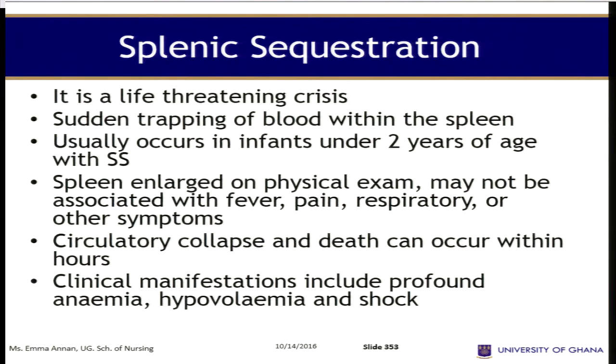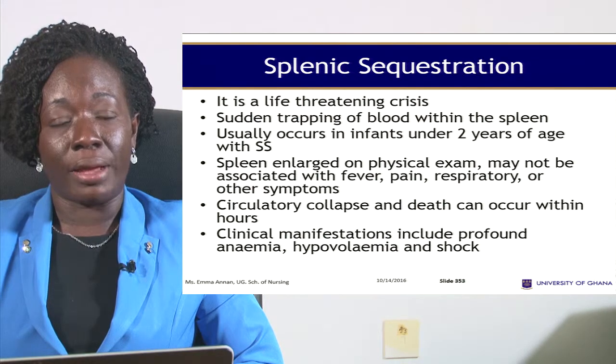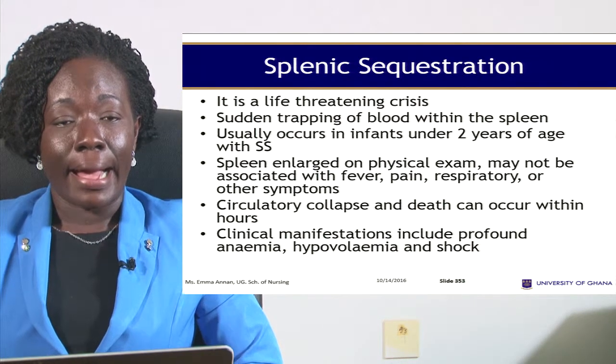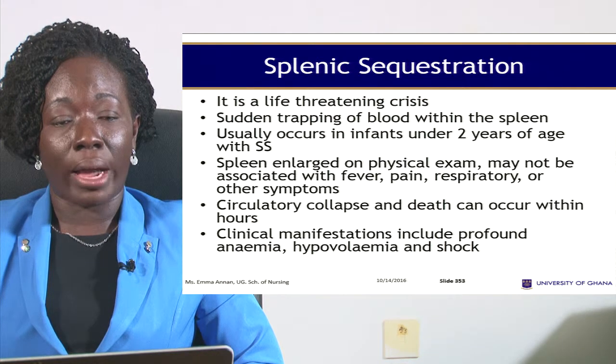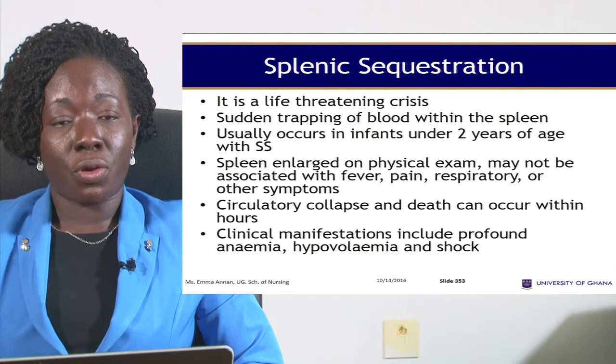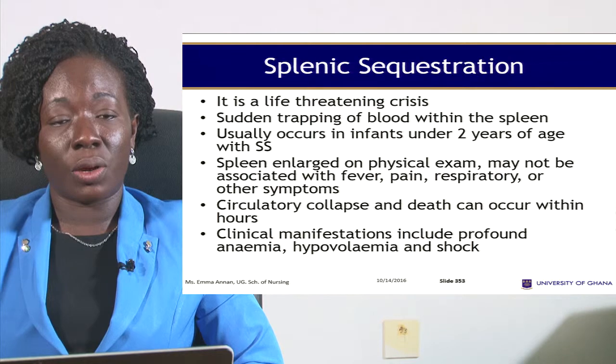The spleen is enlarged on physical examination, and it may not be associated with fever, pain, respiratory or other symptoms, but the only thing that you see on examination is that it is enlarged. Circulatory collapse and death can occur within hours. So in this case, we need to act very fast. Clinical manifestations include profound anemia, hypovolemia, and shock.